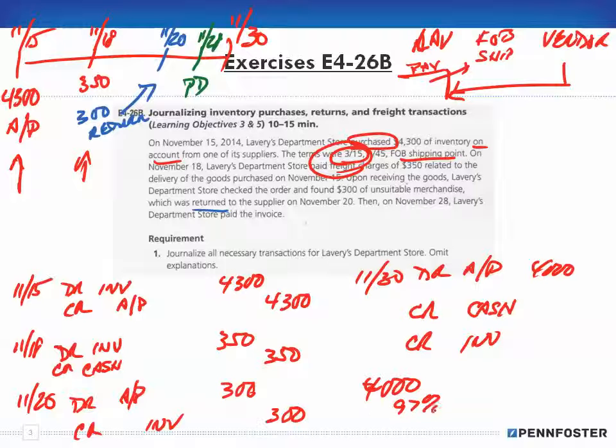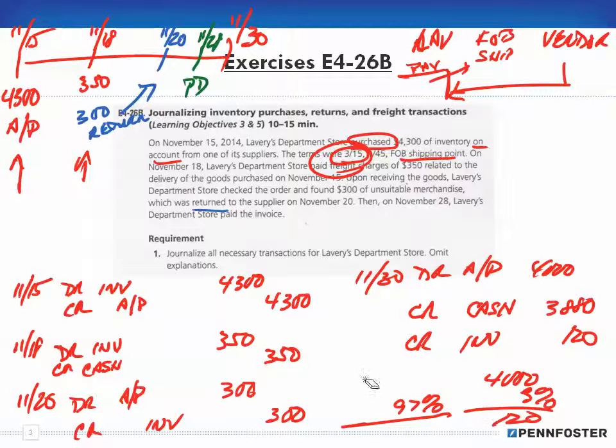So 97% of 4,000 is $3,880, and the difference, or 4,000 times 3%, is $120. Okay, so I end up crediting my cash for 3,880, and I credit my inventory for 120. And that's doing the math on that.